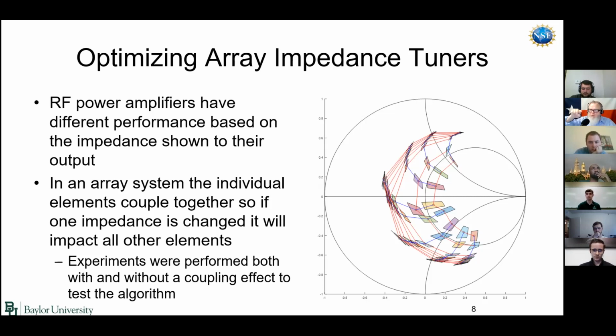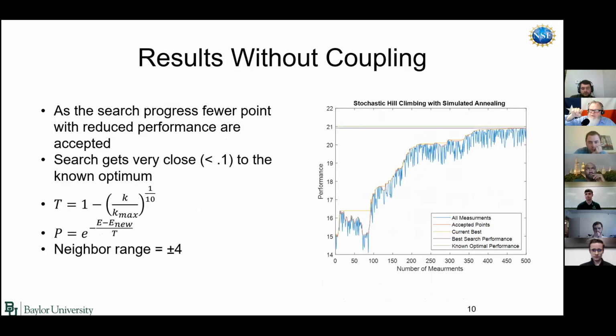So getting worse is okay in the beginning with a certain probability, and then the probability of keeping the worse result decreases as a function of time. Eventually you're not keeping any of the getting worse. You're only keeping the getting better. And I think that's the way you did it. Is that right, Adam? Exactly.